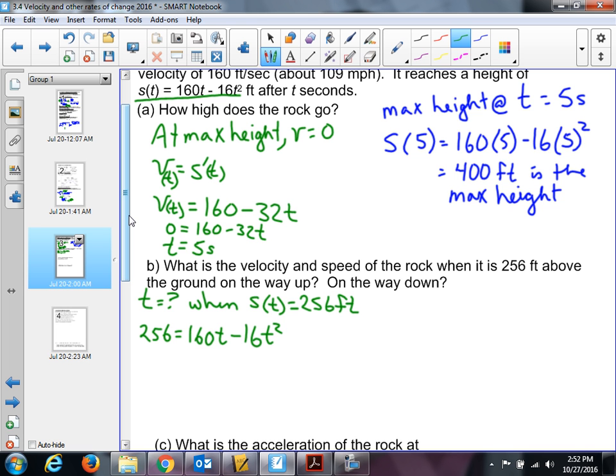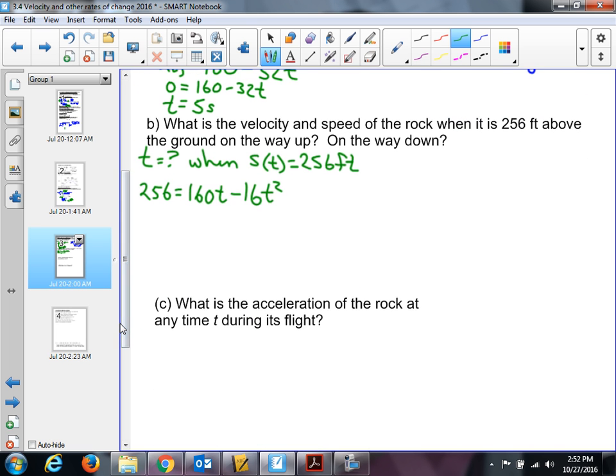So it's quadratic. We've got to get everything to one side. We'll move the 16t squared over. If you're a big sissy, you'd use a calculator to solve this, but you guys can factor this. What do you take out first, though? Any common factor? 16.